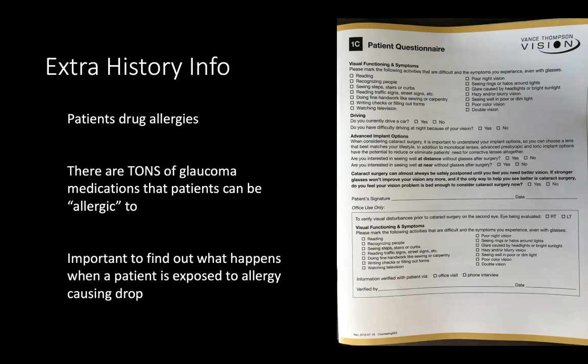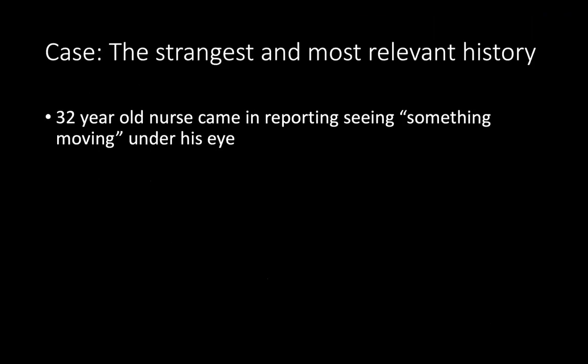I'm going to keep moving because I've got a variety of other things to show here. I'm going to show you a relevant case for why history is important, okay? Just to keep things moving and a little interesting. So this patient's a 32-year-old nurse, came in reporting seeing something moving under his eye, okay?